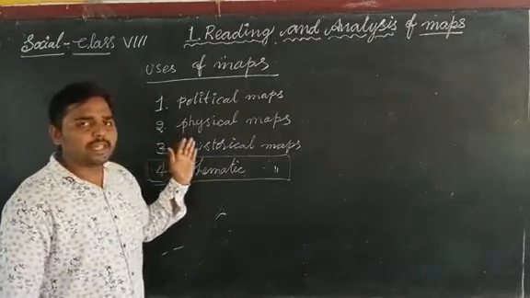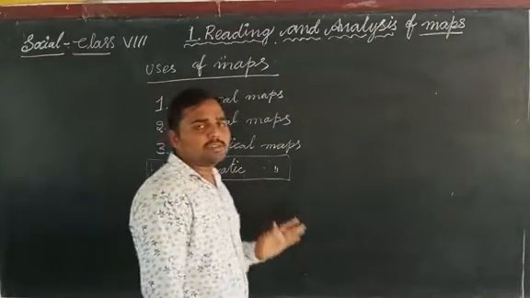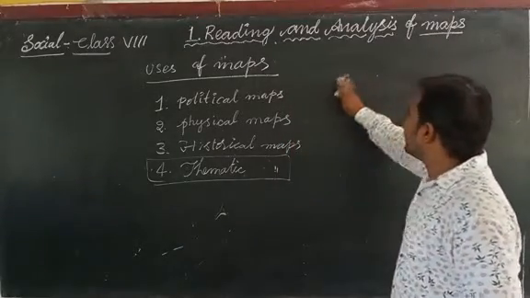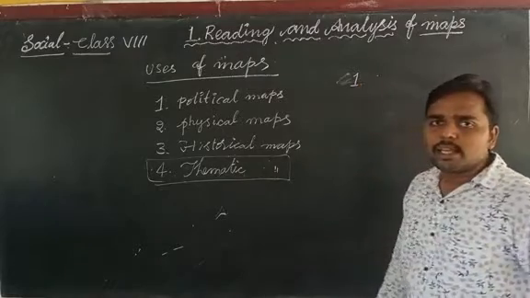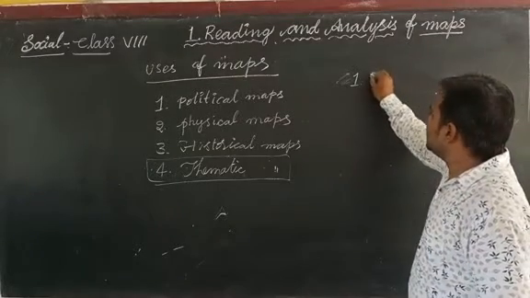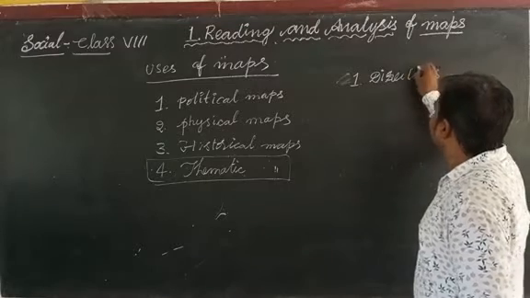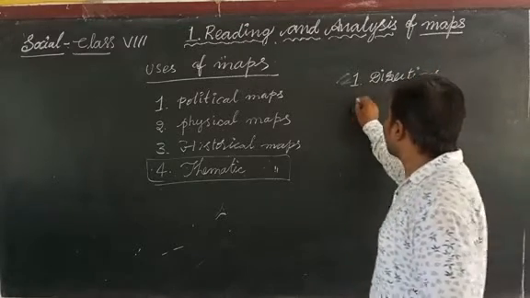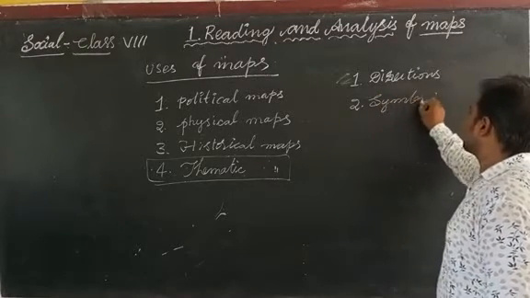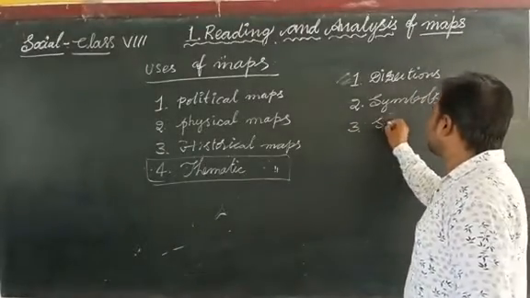We should remember one thing. How can we read these maps? In the previous classes we have learned there are so many factors. If we read the maps, firstly we should know the directions, and symbols, and scaling.